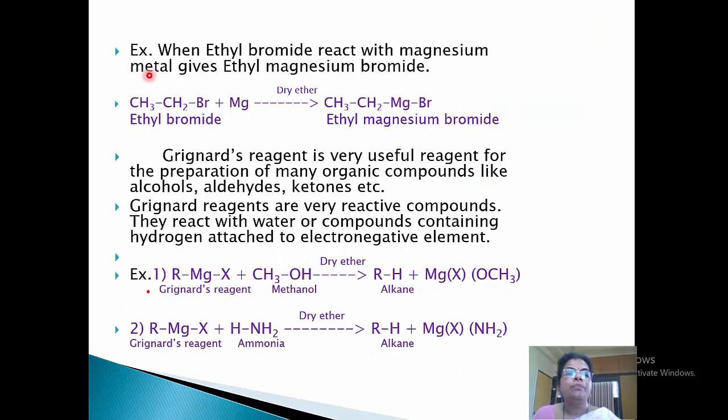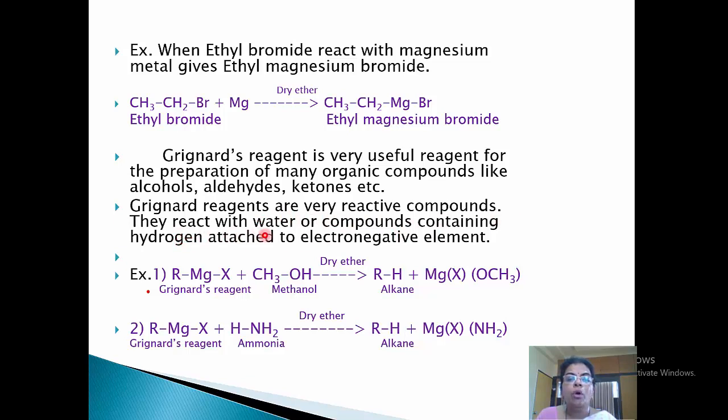For example, when ethyl bromide reacts with magnesium metal it gives ethyl magnesium bromide. Look here, CH3CH2Br, that is ethyl bromide, when treated with magnesium metal in the presence of dry ether gives CH3CH2MgBr, that is ethyl magnesium bromide. Grignard's reagents are very reactive compounds.